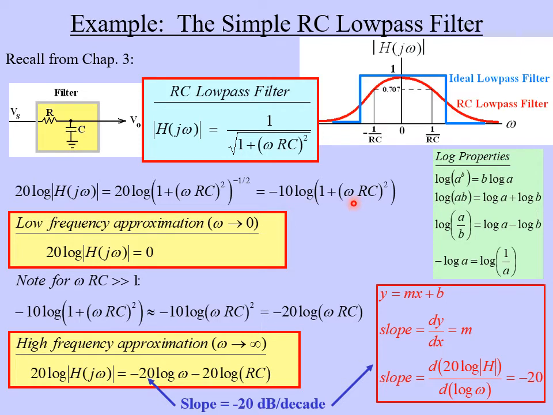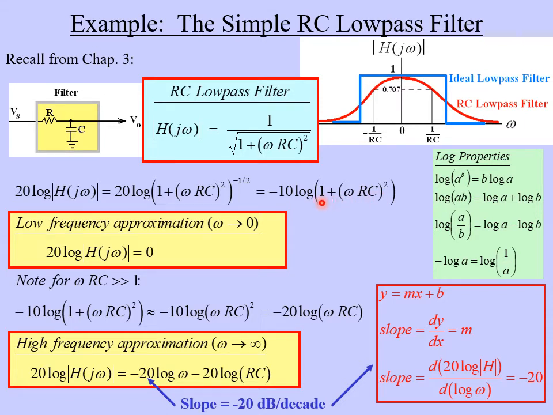But we can do a little bit more by hand here. We can find some asymptotic approximations. In other words, how does this filter behave at extremes of frequency? For example, at really low frequencies. All right, well, that's pretty easy. The low frequency approximation is we just let omega here approach 0. So what happens to this term up here?